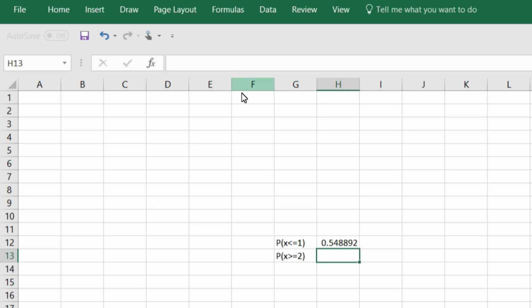That means the probability that x is either 0 or 1 is 0.548892. Now for the probability that x is greater than or equal to 2, I would do 1 minus that.